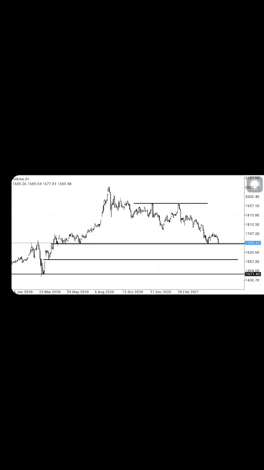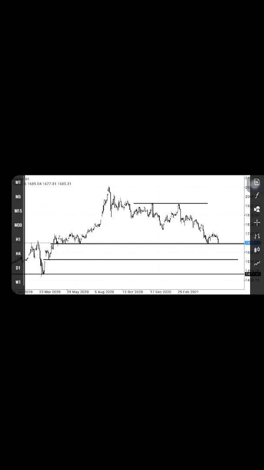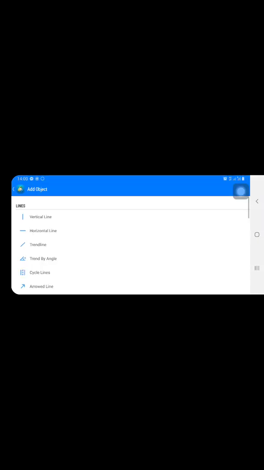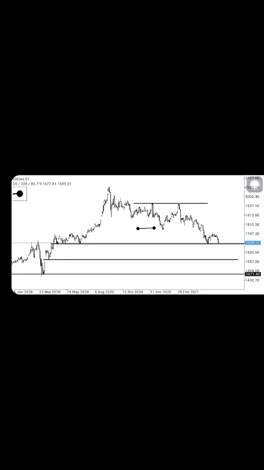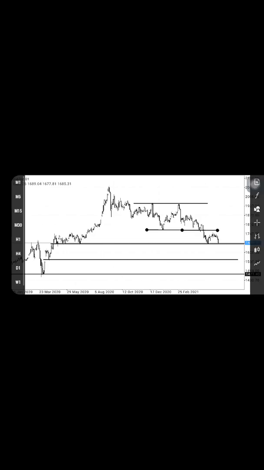The reason why gold dropped like this is because right before it dropped, we had a liquidity zone also here, somewhere here. And then, as you can see, this was a double bottom.